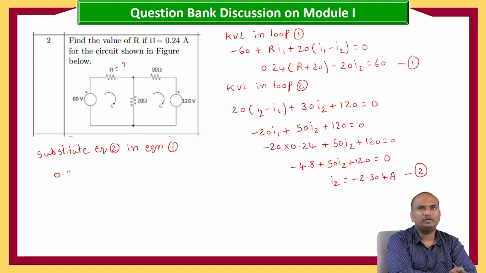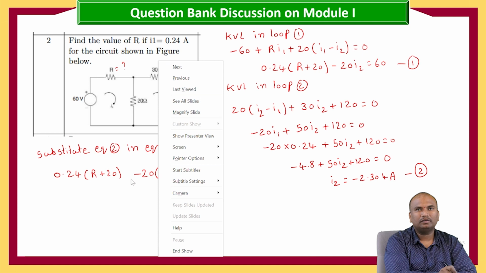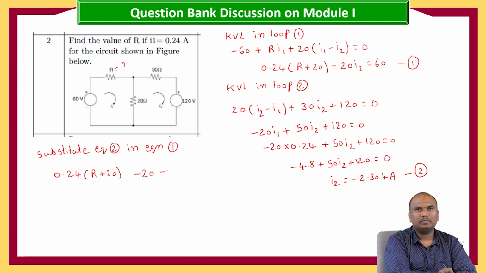That is 0.24 into R plus 20 minus 20 into minus 2.304 is equal to 60.